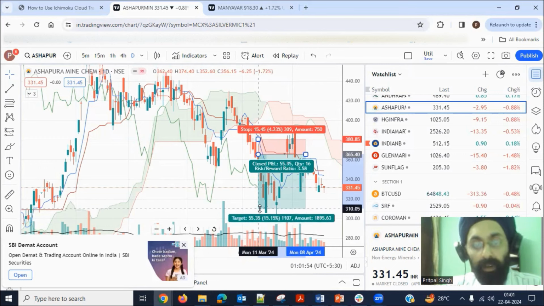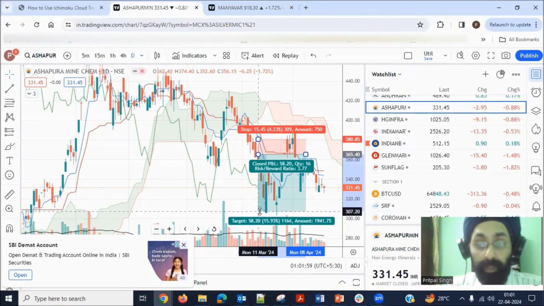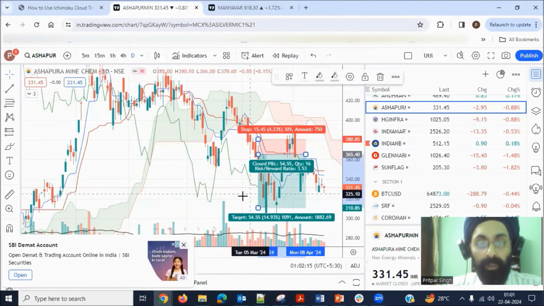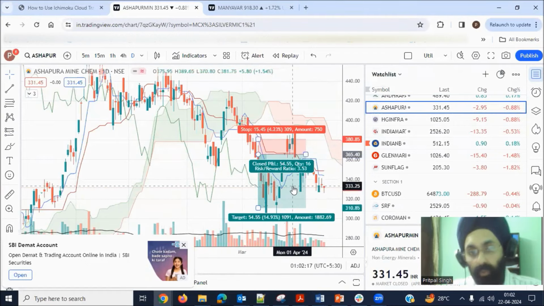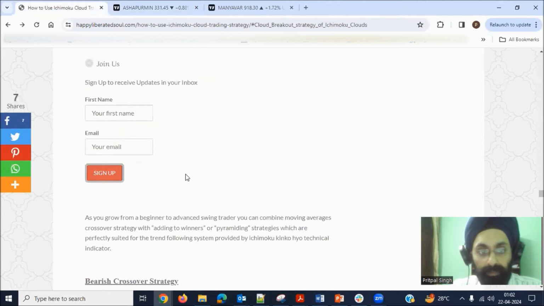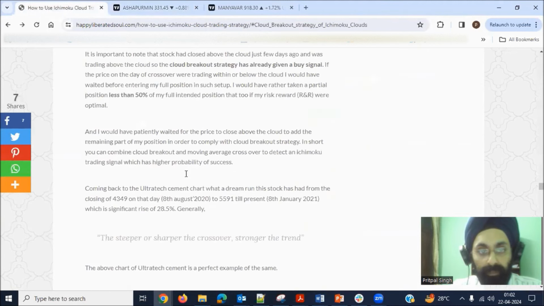Someone whose risk appetite is strong and who is more optimistic could have taken even 3.84 risk reward as well. But for most traders, I suggest the risk reward should be somewhere here. So these were the two strategies of Ichimoku crossover, the bearish crossover strategy and the bullish crossover strategy.